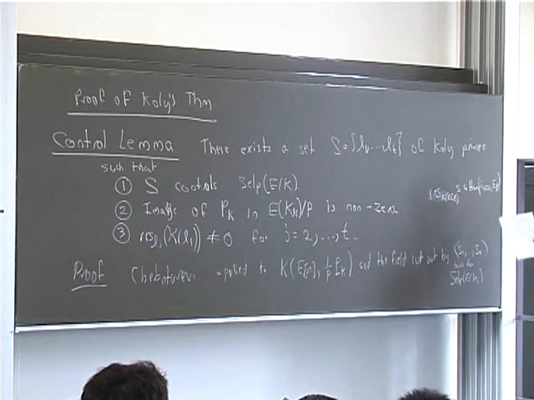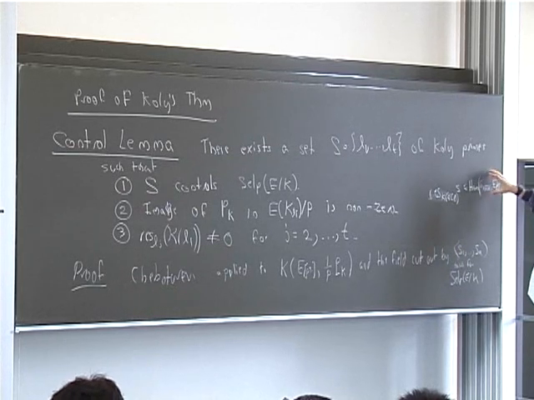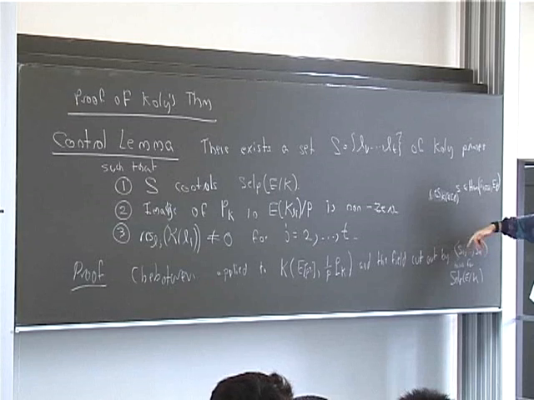So they correspond to finite extensions of this K(E[p]). So you need to look at the collection of all these finite extensions cut out by all the elements of the Selmer group.